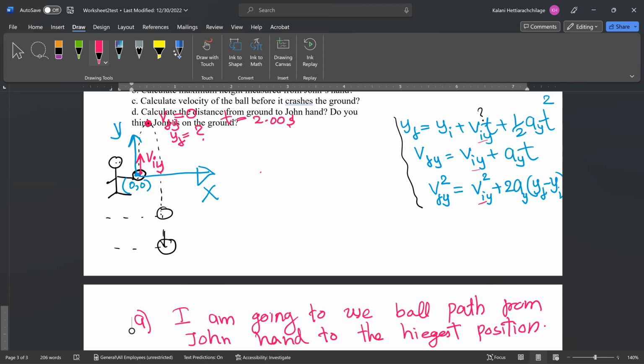Y final is not known, and time is given, right? Because of that, this has 2 unknowns. This formula is a little complex to use in this problem. And the last formula: y final, I don't know, and also v initial, I don't know, that is also complex.